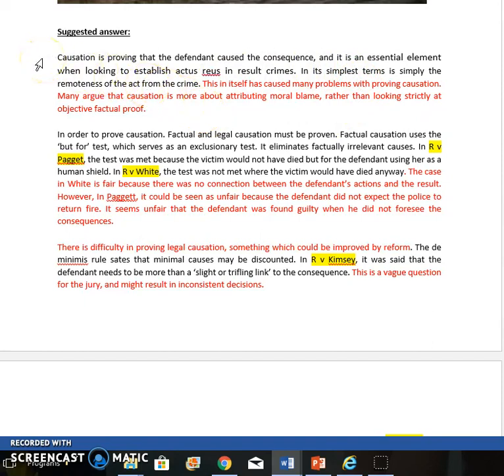So you need to start off with a definition of what causation is. And of course, it's proving that the defendant caused the consequence, and that is essential in result crimes such as murder. Straight away, I've evaluated and said that some people say causation is more about attributing who should be at blame here, rather than looking strictly at objective factual proof.